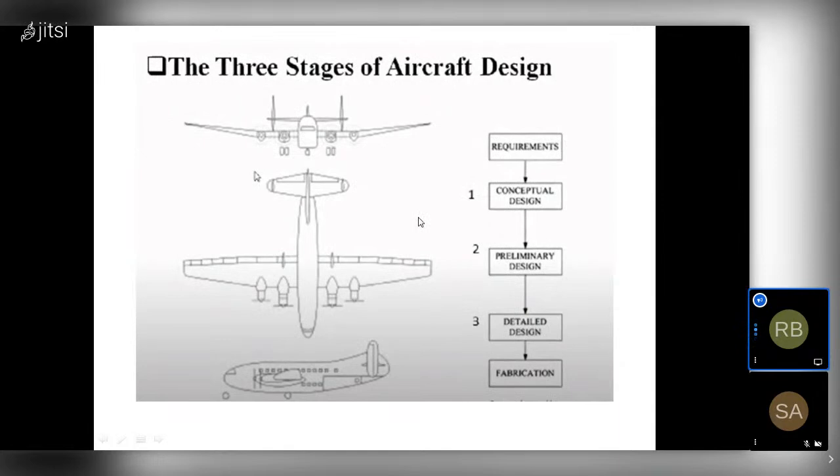Every aircraft designer has to work to achieve a design that meets the requirements, and we go for the preliminary stages after completing the conceptual design. So by using this OpenVSP, we can complete the first stage of our aircraft design, that is the conceptual part.